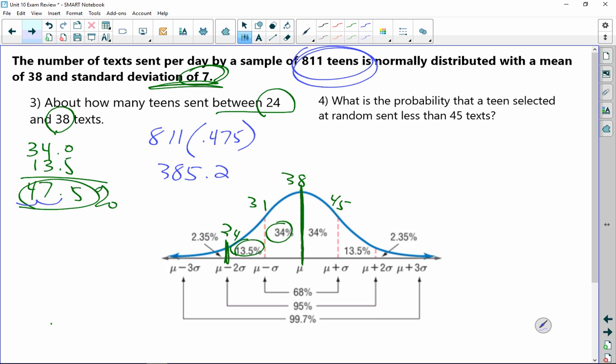You still have to account for the 2 tenths. So my actual answer is going to be 386. Even though I have 2 tenths, it's not possible to have 2 tenths of a person, but I still have to account for it. Is everybody clear on that? Yep. Okay.